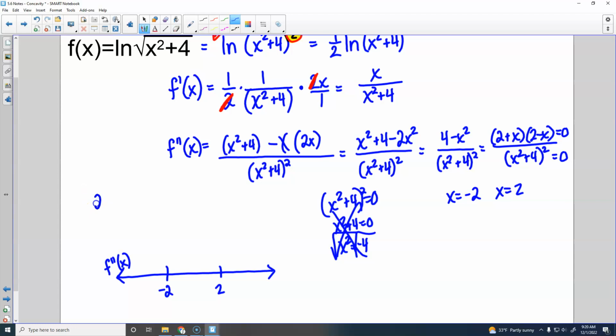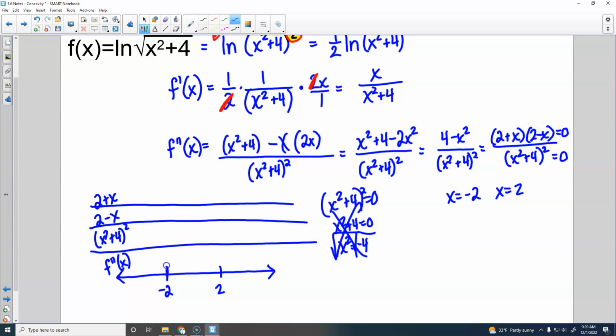If I make a chart, I got 2 plus x, I got 2 minus x, and I got x squared plus 4 squared. The reason I factored it is because I like to factor it for the chart. I think it makes it easier, but you don't have to do that. So this row right here is positive all the way across. That denominator is always positive. If I plug in 0, I'd get a positive and then a positive here.